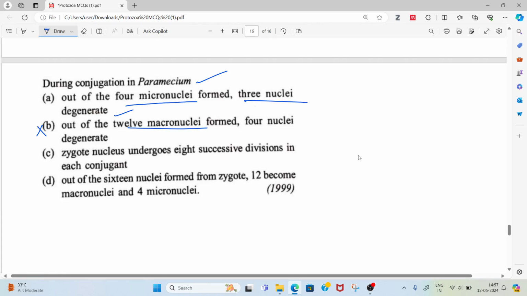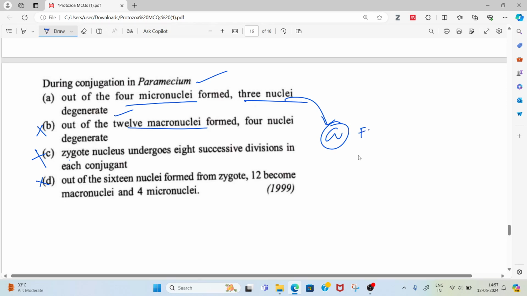The zygote nucleus undergoing 8 successive divisions in each conjugant is also not correct. And 16 nuclei are never formed in the zygote, so that is also not correct. So the correct answer is option A.